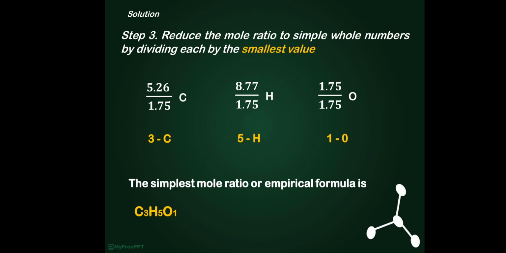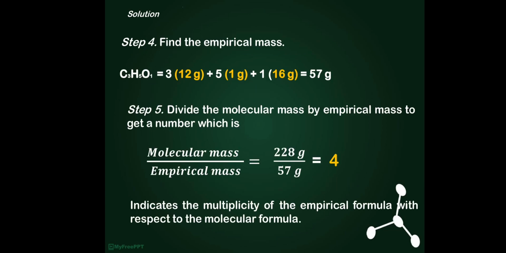So what would be the empirical value now of each percentage? So the simplest mole ratio or empirical formula is C3H5O1. So that would be the empirical value of each percentage element that we've already calculated. And step 4, hindi pa pala natatapos. There is step 4.